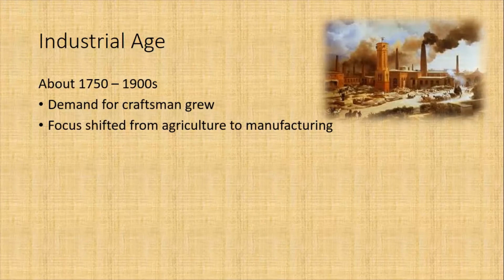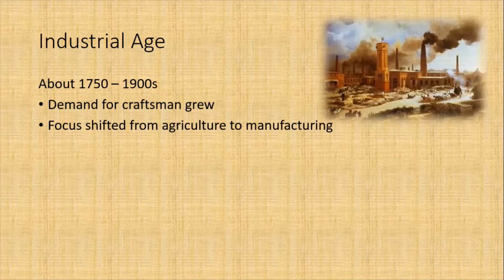So what ended up happening was, rather than farming and raising cattle, a lot more people started moving into cities and working in factories to build various things. From the 1750s to the 1900s, we know in the United States there were a lot of things that happened during that time frame.